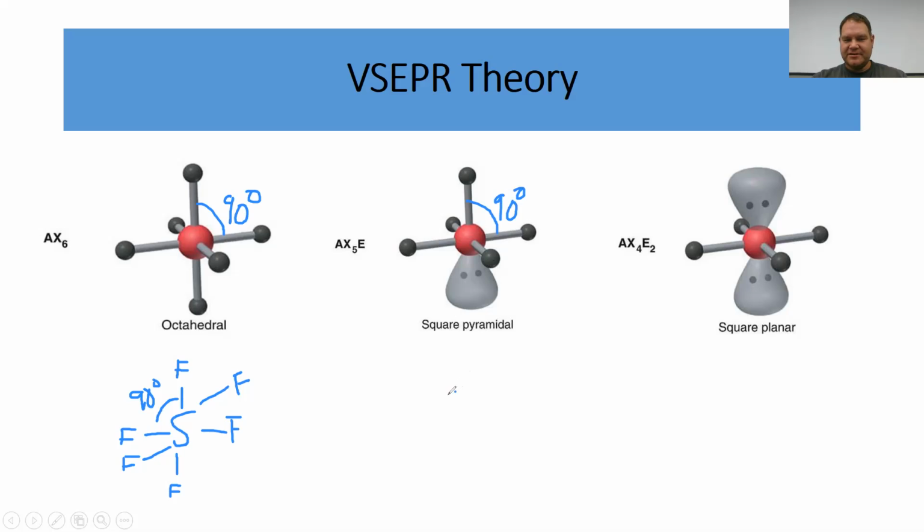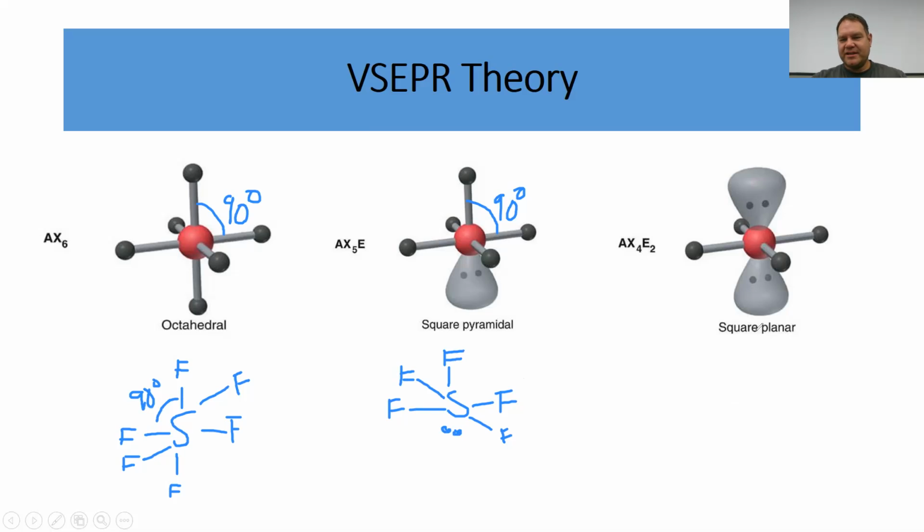Okay, so here all we're going to have is sulfur bonded to a fluorine, and then we have this fluorine, and then we have fluorine coming out this way, fluorine coming out this way, and then we have our lone pair right there, lone pair, okay? So the angle here is still 90.